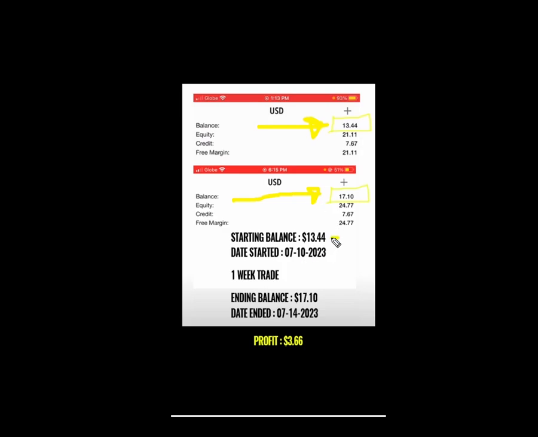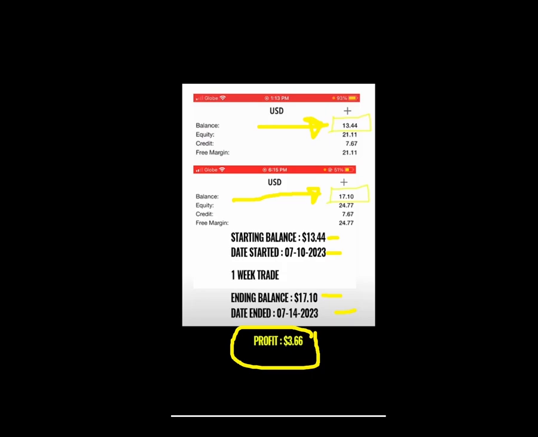So we started at 13, ended at 17.14, and we have a profit of 3.66. Maybe you would say that is a very small amount. No, it's not the amount.